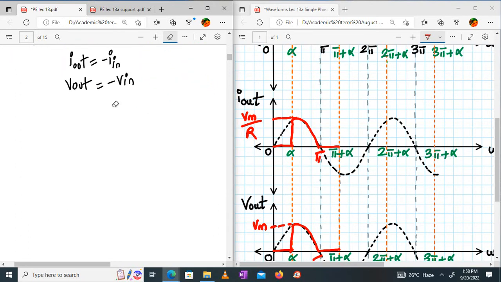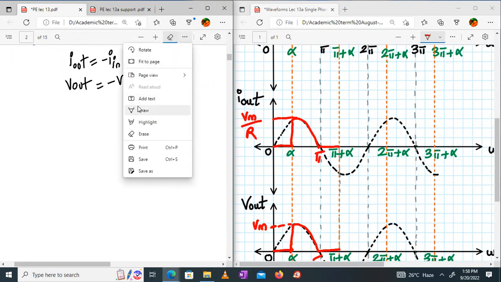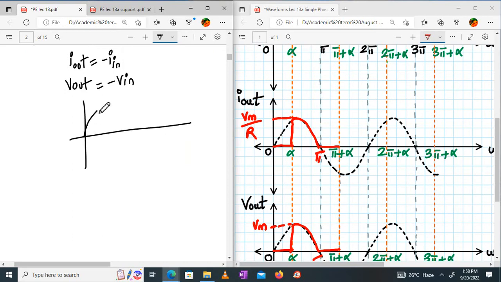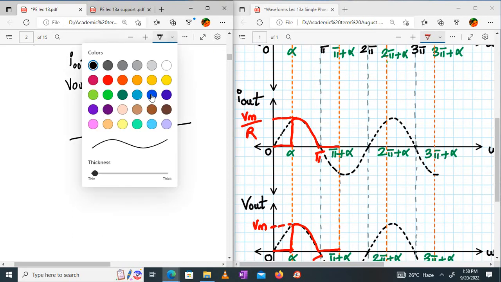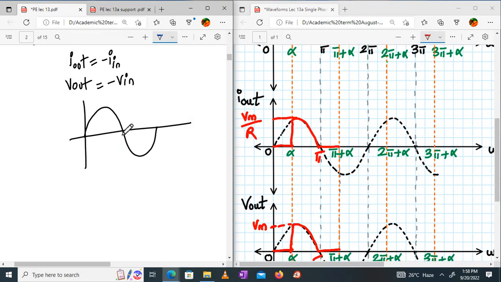I'll show you over here. If we are going in a negative half cycle, still the output is positive. Output is like this, let's say. This is negative. This is V, right? Negative of V, positive one. What is this dotted line?